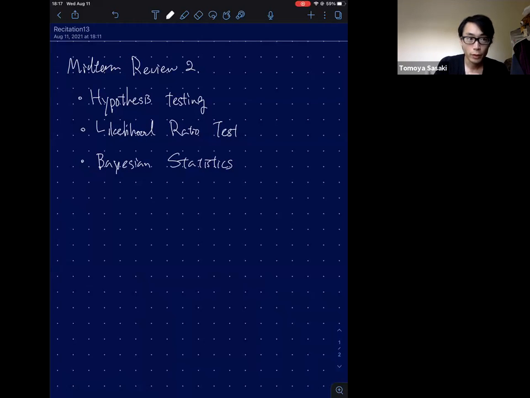That's the first thing we're gonna do today. And then we're moving on to the likelihood ratio test, which we didn't have time to cover a lot in the testing week. So those are the two big topics that we're going to cover.